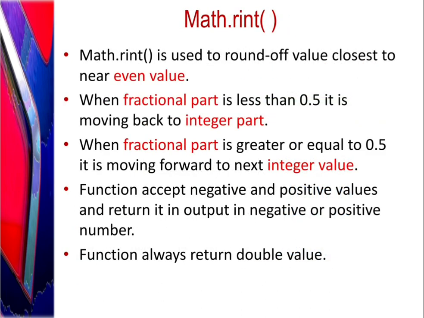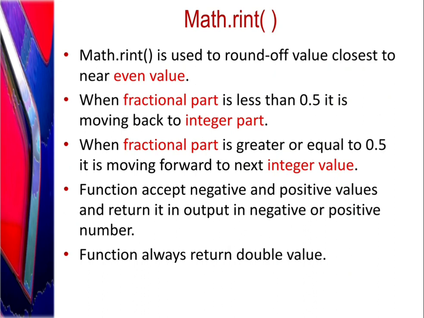See, rint is a little bit confusing. It looks like round, but it always provides you a double value. Round provides you an integer value, but rint provides you a double value. When you are going to provide an even value, it always provides you the answer in even value only.